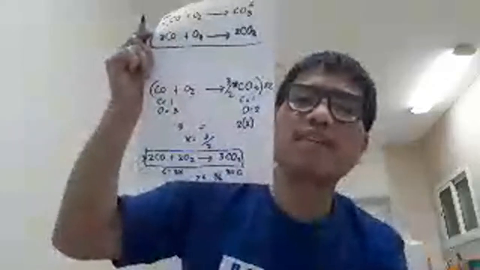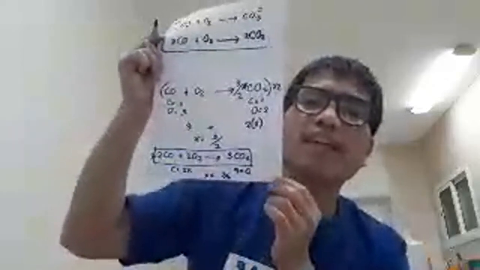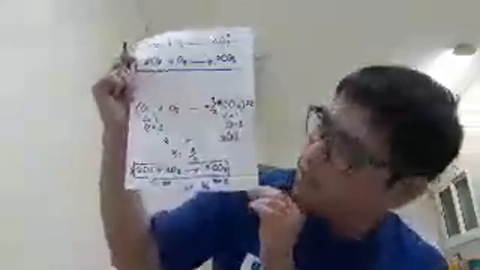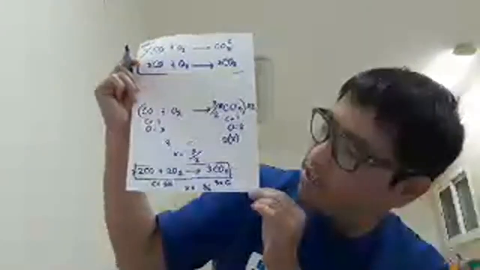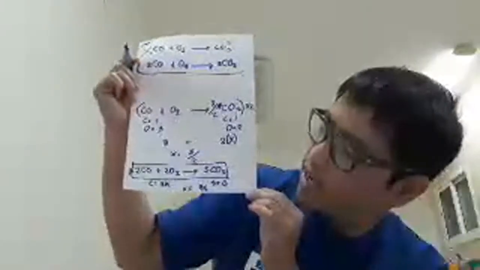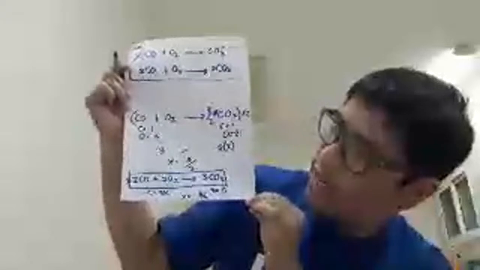For carbon, we can get 3 halves. We balance again, because this is not balanced. Carbon is 2X equals 3 by mathematics. 3 halves. Put the 3 halves here again.